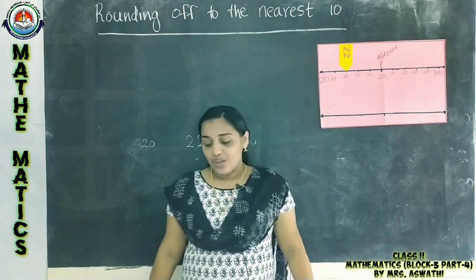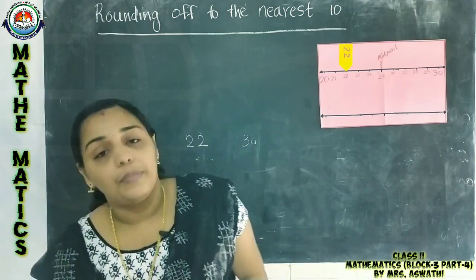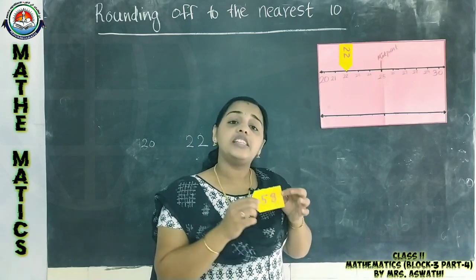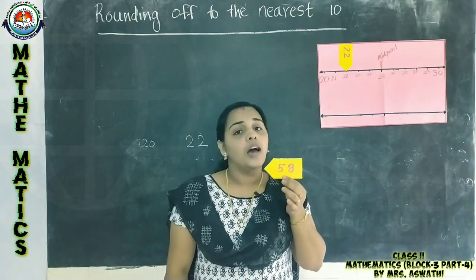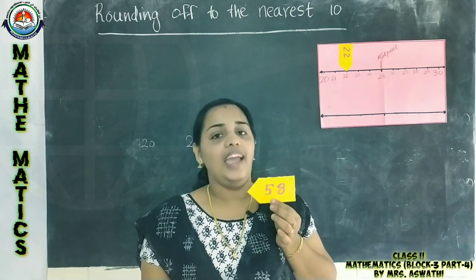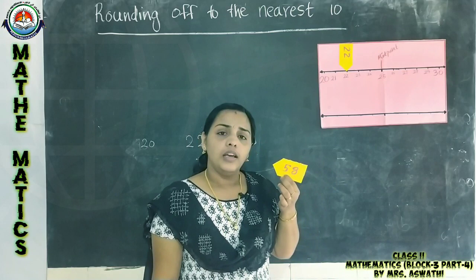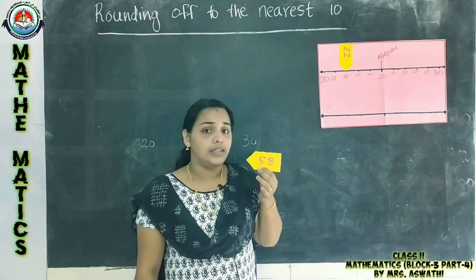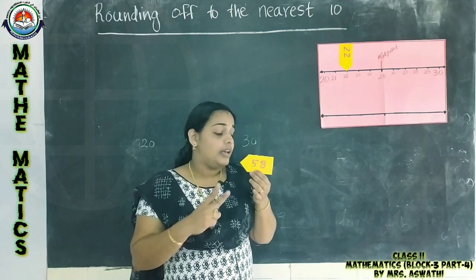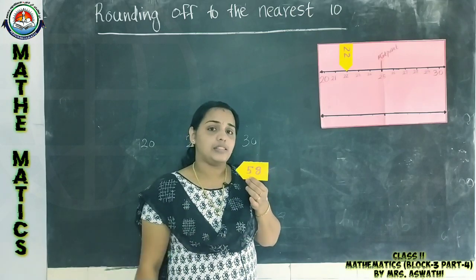Okay, now I show another number. Which number is this? Yes, this is number 58. Now we can find the two tens between which this number lies.